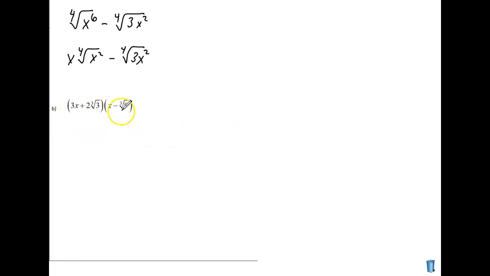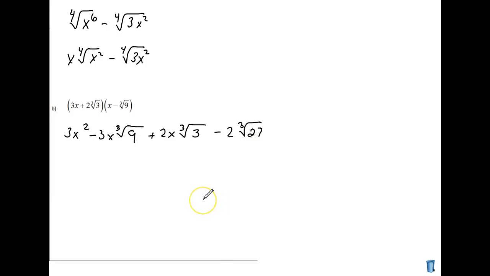Similarly here, my first term gives me a 3x squared, and then I have a minus 3x times the cube root of 9, and then my inside term is a plus 2x times the cube root of 3, and then my last term is a minus 2 times the cube root of 27.